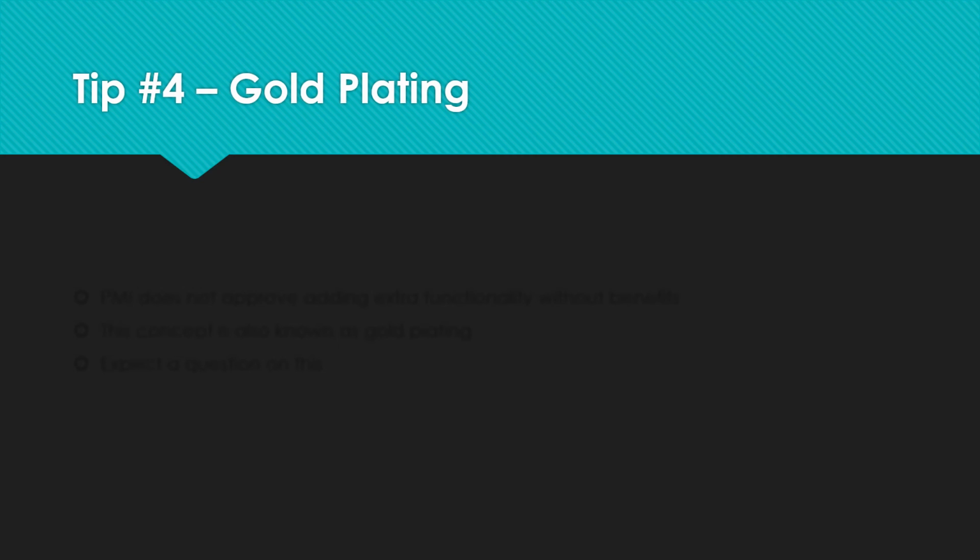And what are those scenarios? Some of them pertain to gold plating as well. Let's look into this. Let's try to understand what gold plating is. First things first, PMI does not approve adding extra functionality without benefits.